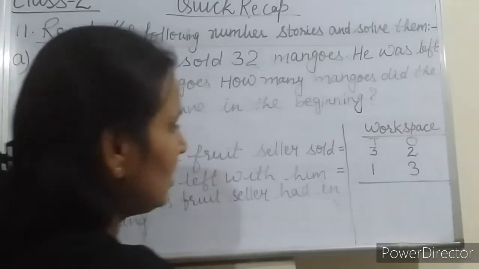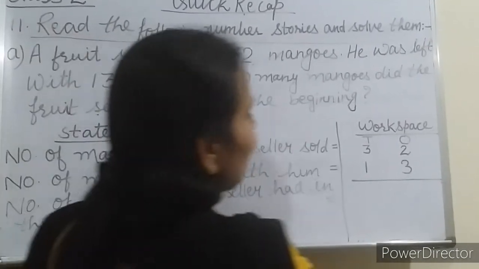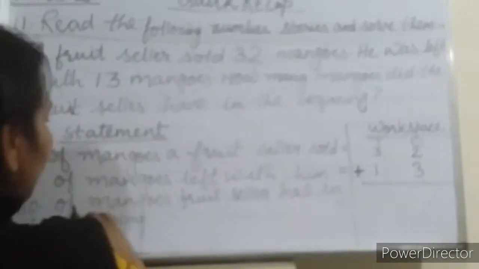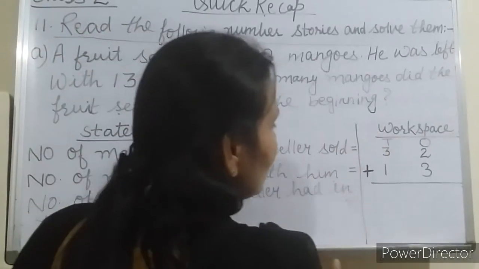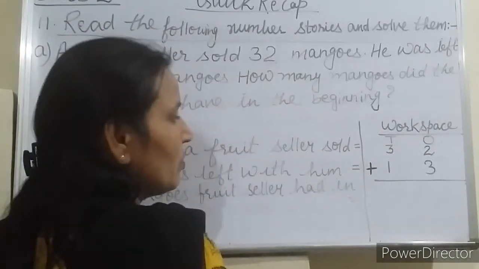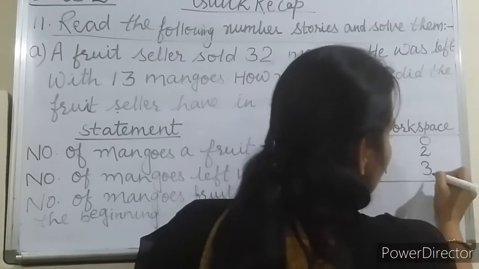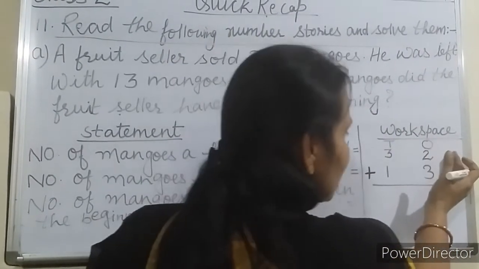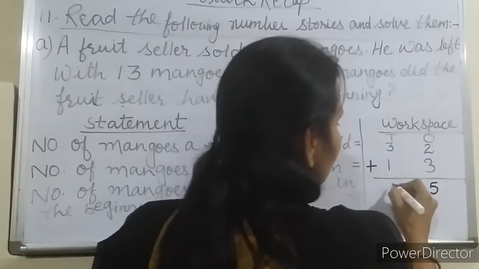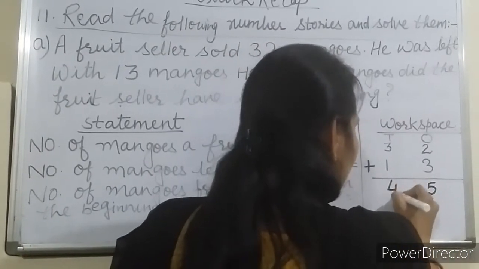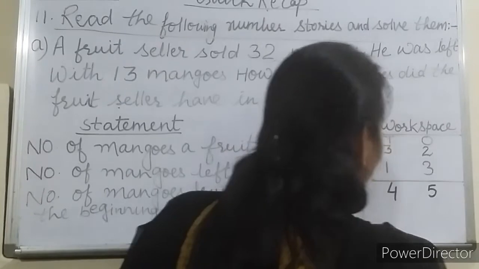What you have to do here? Again you have to add to find how many mangoes did the fruit seller have in the beginning. So we will add here. So 2 plus 3, we will start adding from this side only. 2 plus 3 is equal to 5. 3 plus 1, yes, very good, 3 plus 1 is equal to 4.